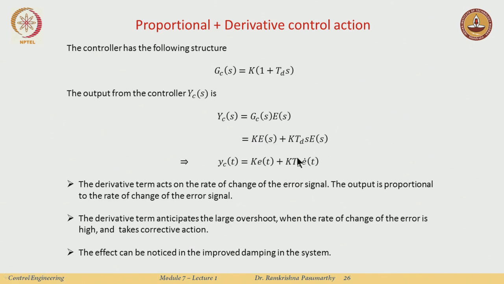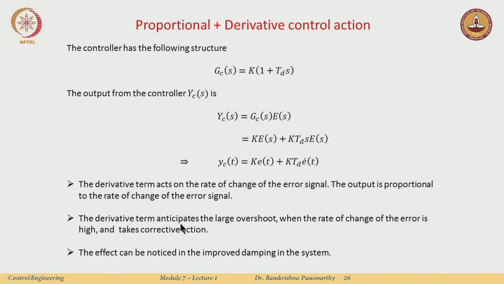We saw this while we were discussing the effect of adding a 0, right. This is actually like adding a 0 to the system, right. So, you have the error and the derivative of the error also. So, the output now, which was earlier in the case of proportional control only depending on the error, is now also proportional to the rate of the error change, e dot of t.